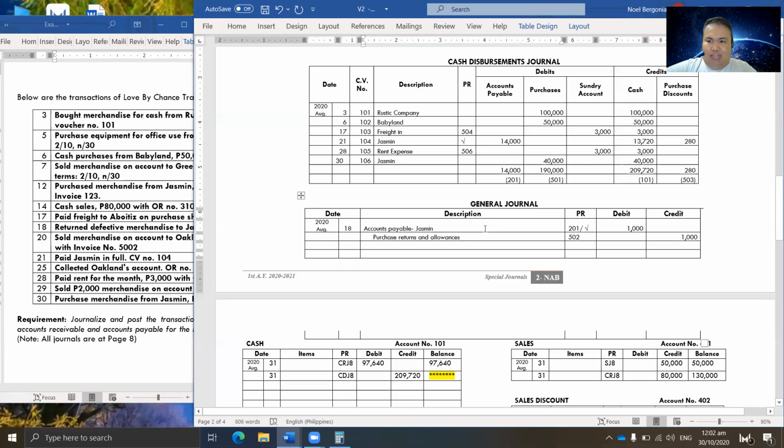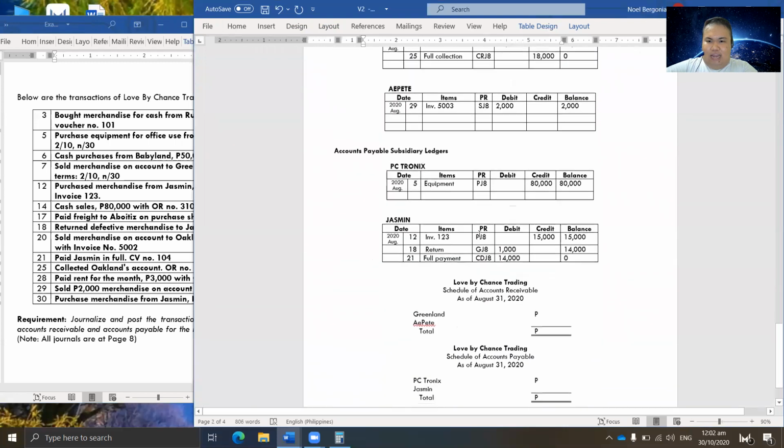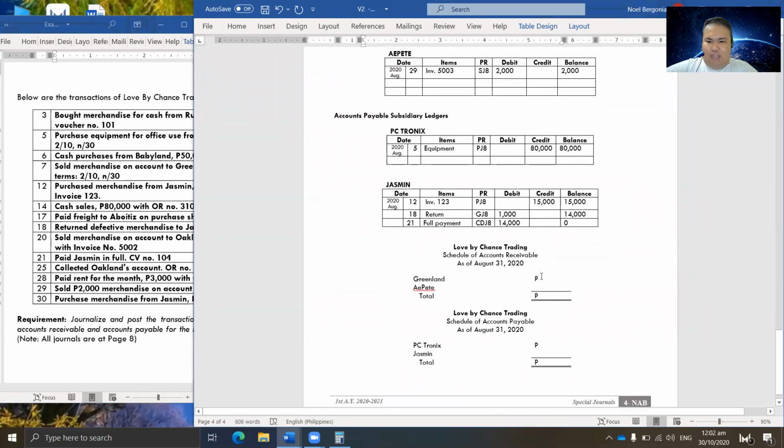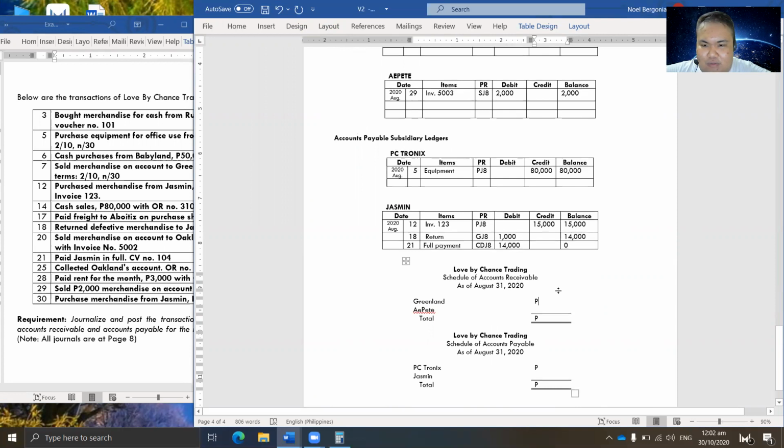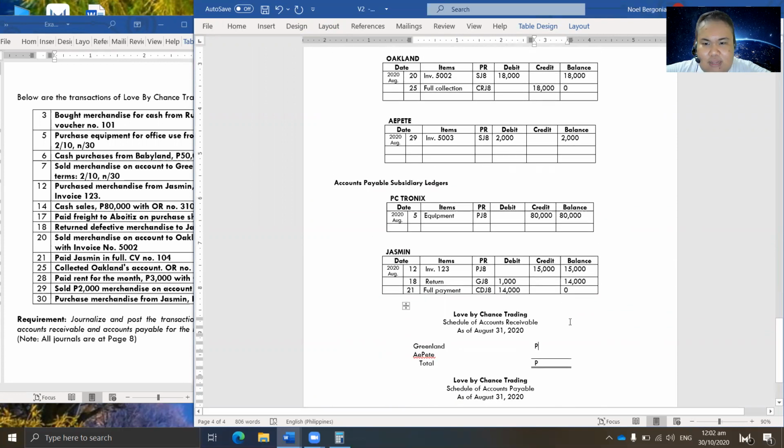Okay, before we end talaga, meron pa akong last activity dito sa part na to na kailangan nating kompletuhin, itong schedule, kasi this is just a summary ng ating receivables and payable. Sa receivables, si Greenland, meron pa tayong natitirang 30,000, hindi pa natin nakukolekta. And then si APIT din, we have 2,000.